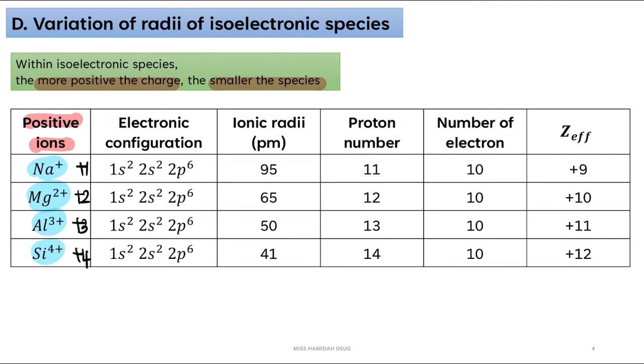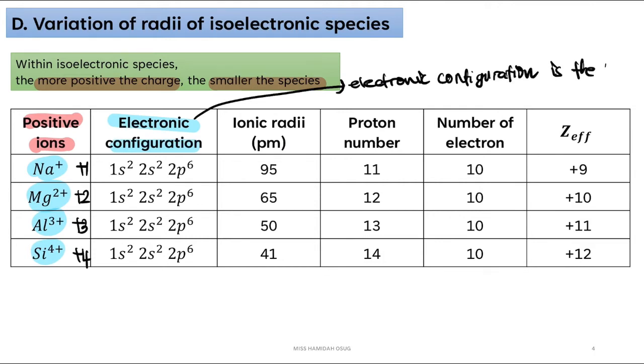Next, let's take a look at the electronic configuration for each of the ions. So as we can see, the electronic configuration for all the ions is the same, meaning to say they are the isoelectronic species. Next, let's take a look at the proton number.